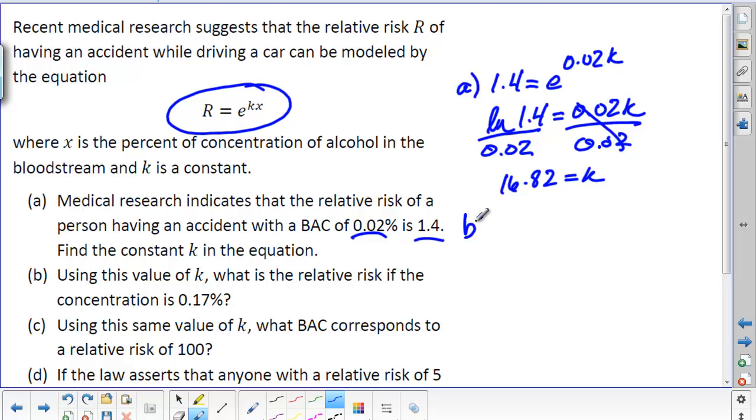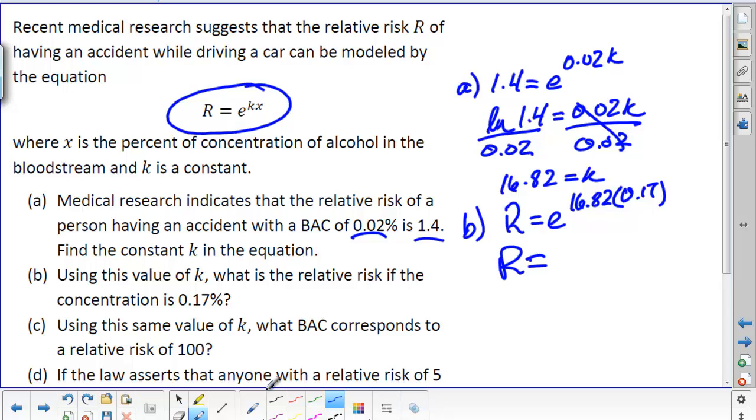Part B. Okay, using that value of k, what's the relative risk if the concentration is 0.17? So in other words, what's the relative risk R using 16.82 for k times 0.17? So notice how we just plugged in k and x, trying to figure out what R is. Now we would expect R to be higher, right? The risk is going to be higher because this person has had more to drink.